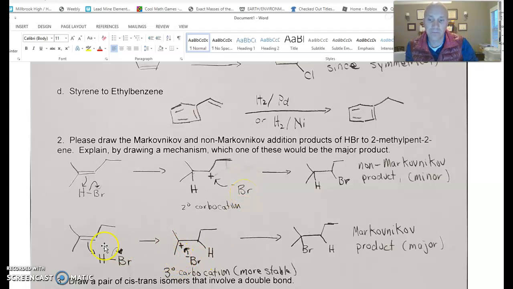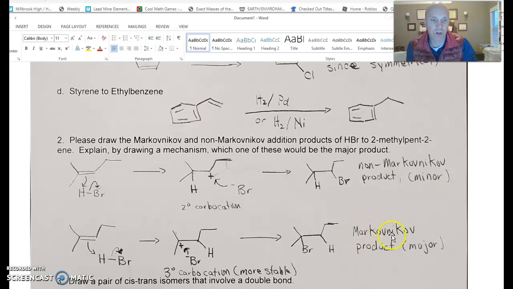But if the hydrogen gets added to this carbon right here, that means the carbocation is on this carbon. The reason that matters is that this is a tertiary carbocation, which is more stable. Given the choice between these two, this would be the more stable carbocation intermediate, meaning that this is going to be the major product.